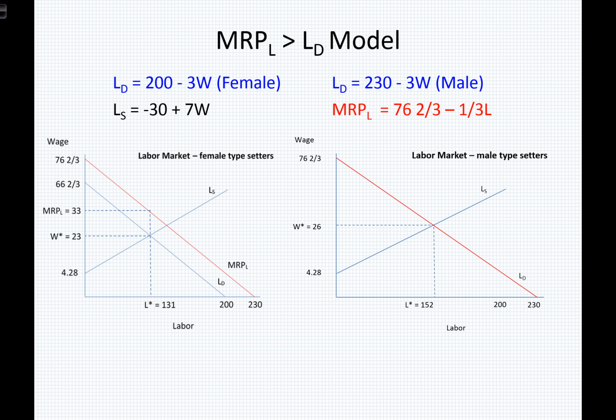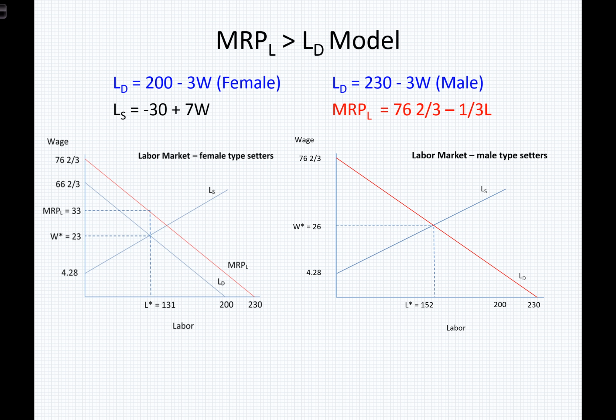And so we find that in this case, when we observe a labor demand schedule for females for a particular job that is less than the labor demand schedule for males of that job, we find some level of discrimination. There's no productivity, economic efficiency reason that this should exist. It is a reflection of some level of discrimination.